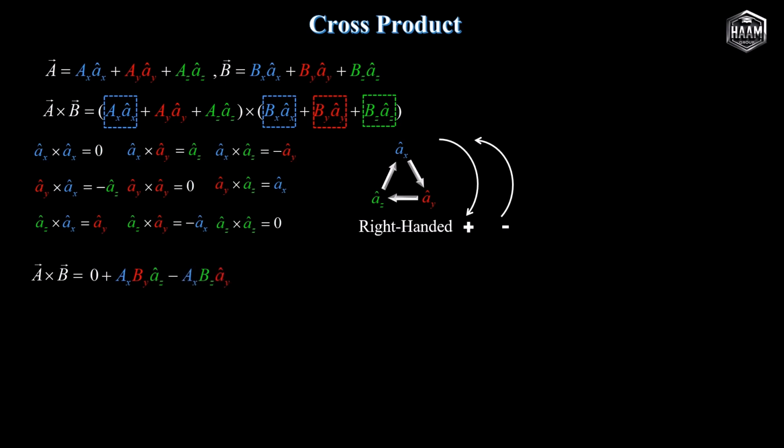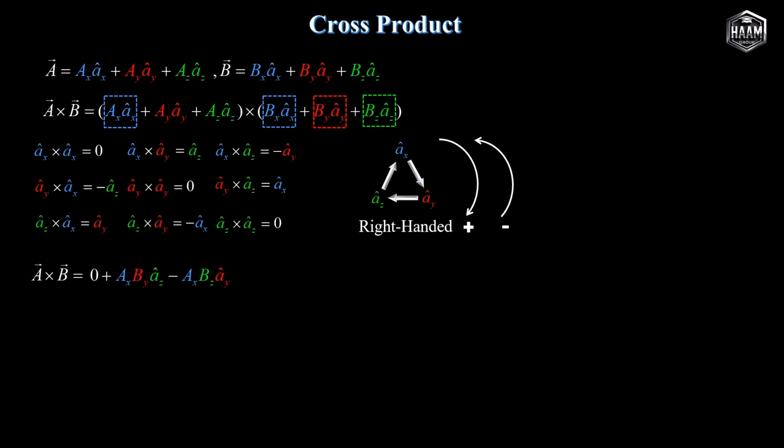The first term is 0. The second term yields A sub x, B sub y, A hat sub z, since A hat sub x cross A hat sub y equals A hat sub z.